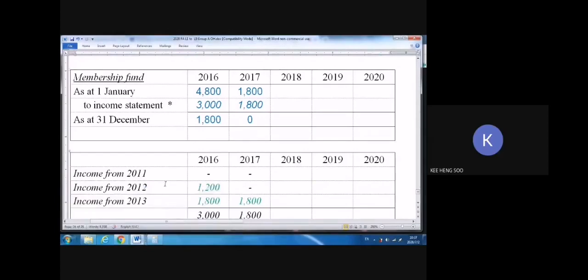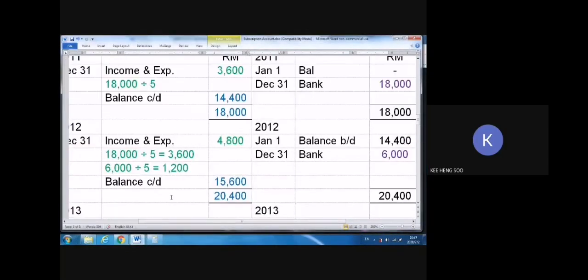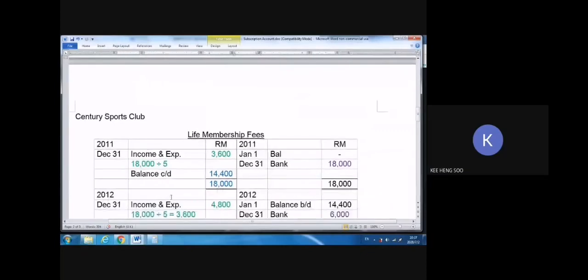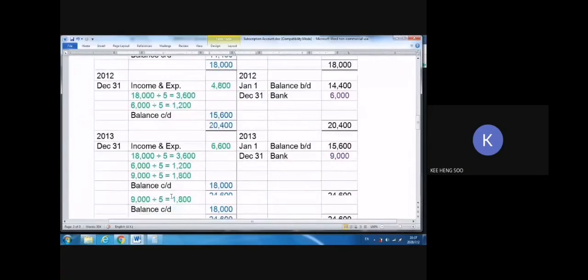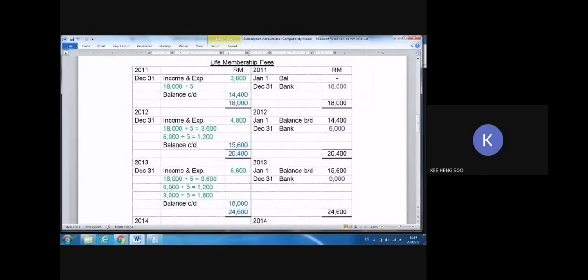I will show you the ledger. Taken already? Okay. Let me show you the ledger. Wow, this one is very big. You don't copy, I show you the picture first, then you snap the picture. Can you snap the picture here?